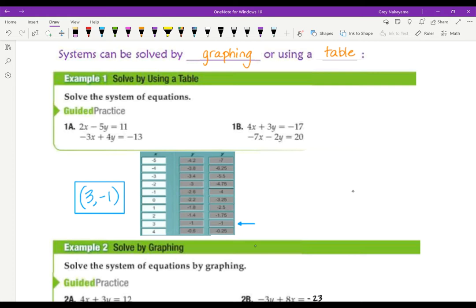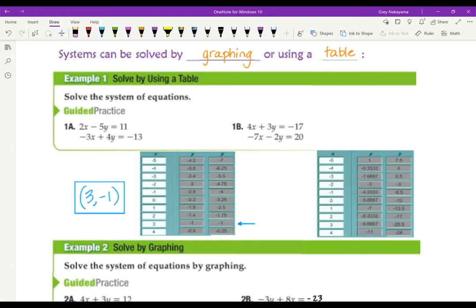I was going to go to another one. So again, you put the equations into the table feature of your calculator or device, and you are looking for the y values that are the same, and they are right here. One very important thing to keep in mind is that the answer to all of these problems is an ordered pair.